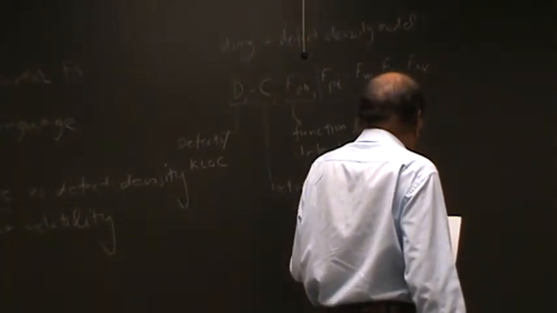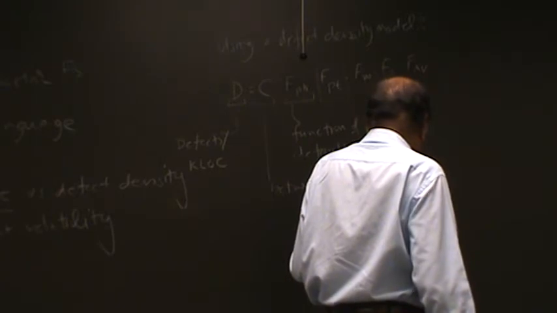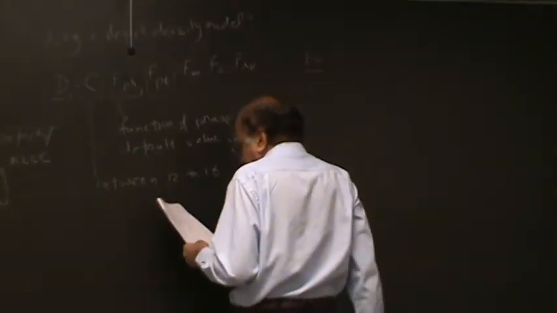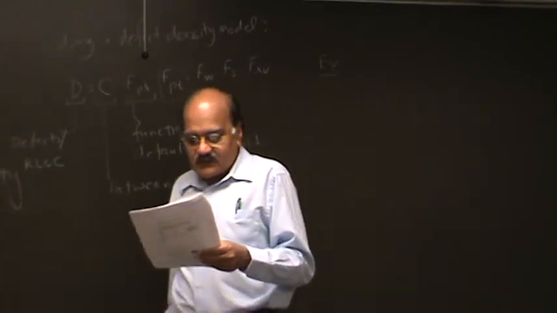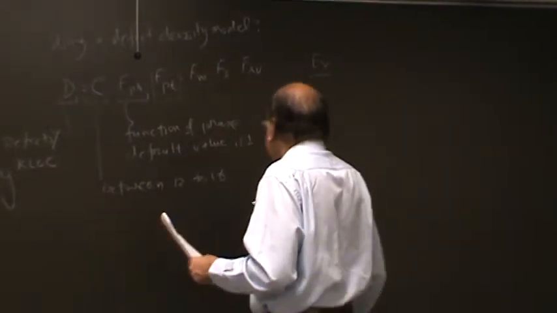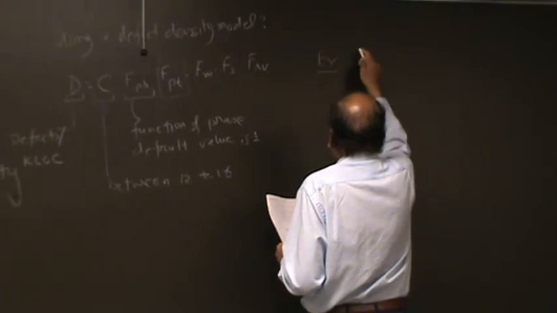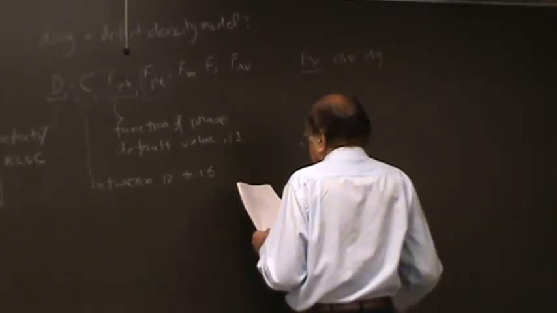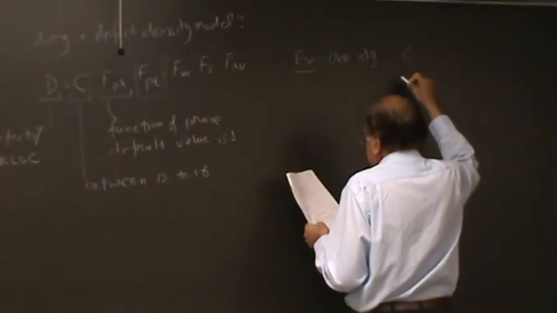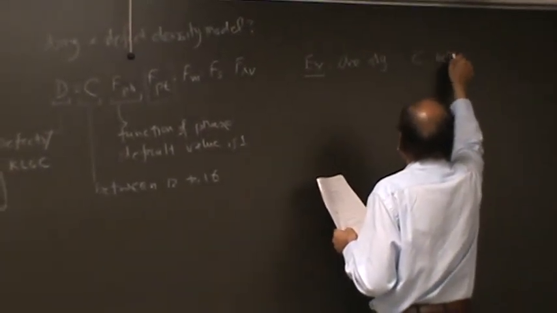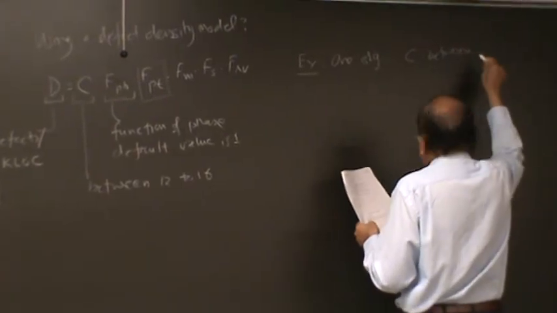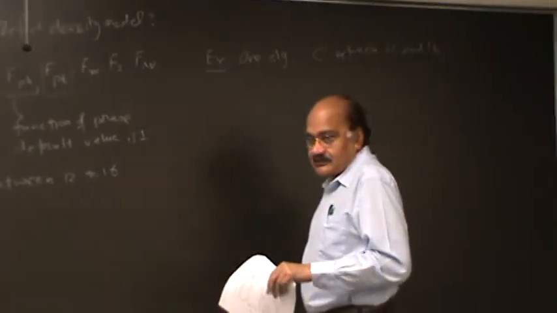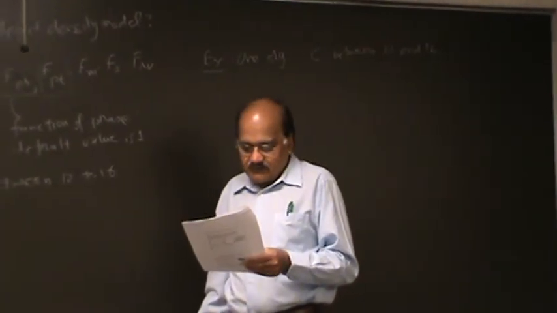Now let us consider an example. Let us say there's some organization, and based on your past experience you have found that C is between 12 and 16, based on the past projects that your team has worked on.